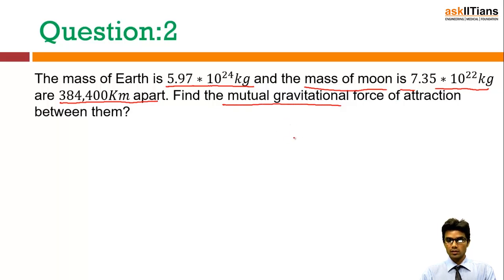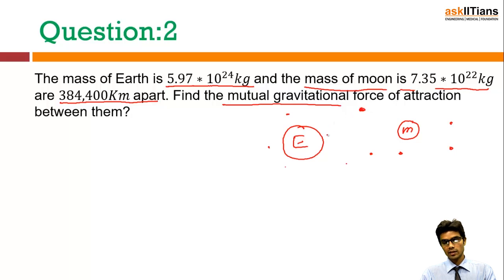Since gravitation is an infinite range force, let us consider this is the earth and this is the moon, and there are also many other planets in this solar system. They also apply force on this earth and on the moon.